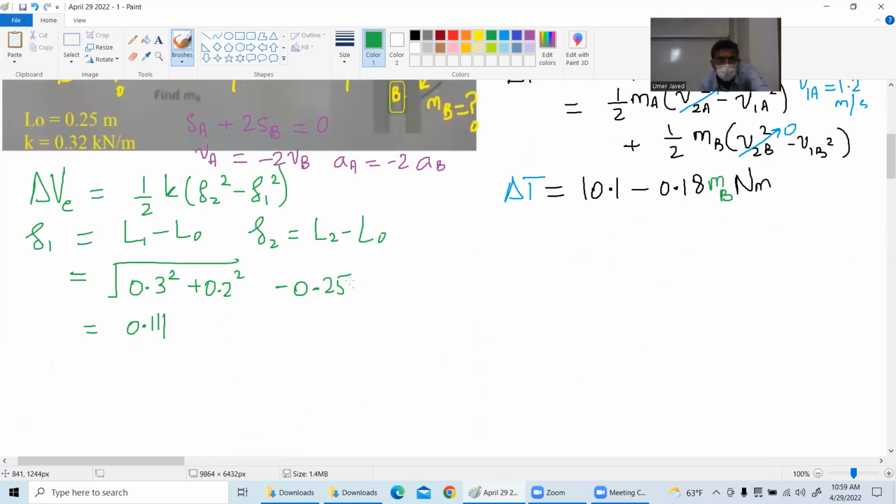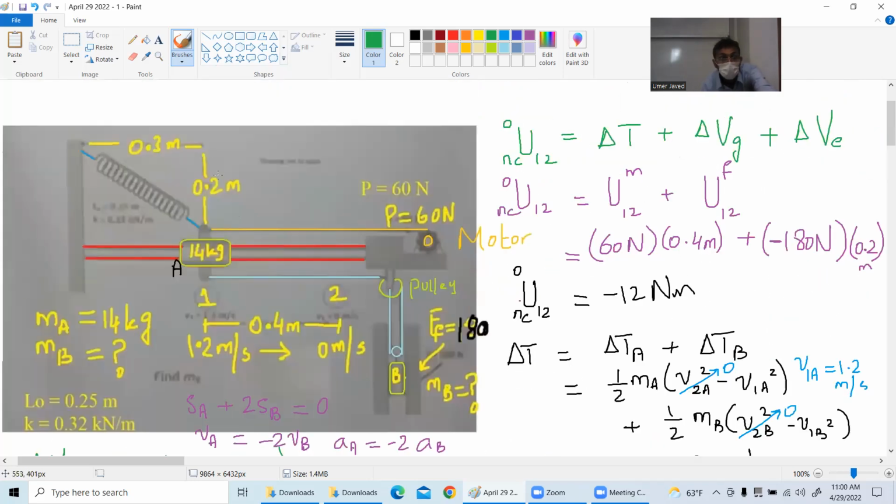0.111. So this becomes delta 2 equal to square root of 0.7 square plus, okay, what will be the height of the big triangle if this becomes here?